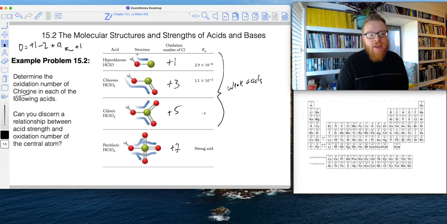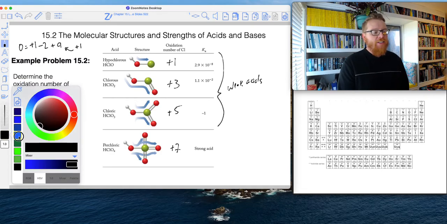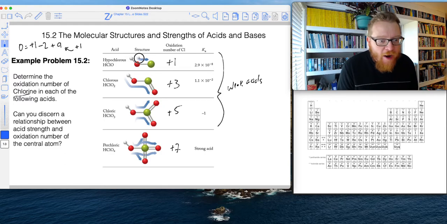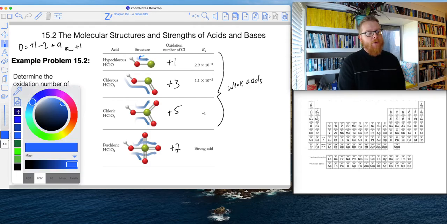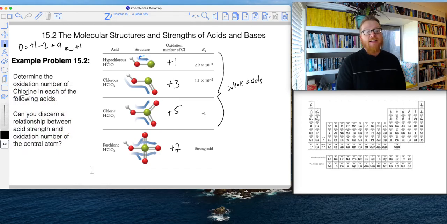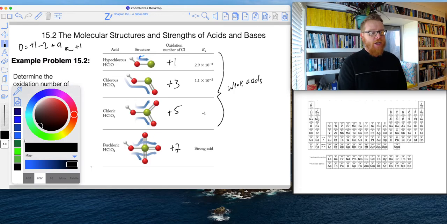Well, this blue arrow right here is trying to show you the electron density in this chemical bond right here. So we remember that a chemical bond is made up of 2 electrons. And I'll also point out here, let me change colors.